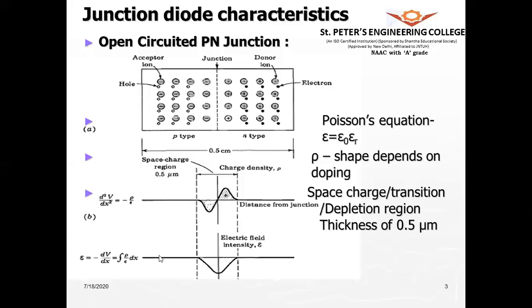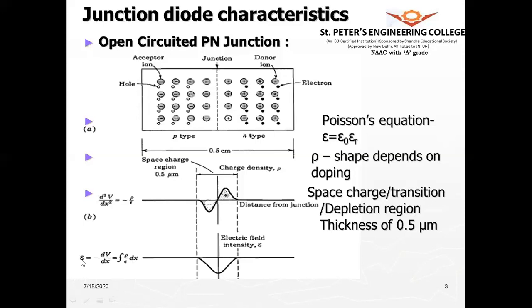If we integrate this Poisson's equation once, we get epsilon, which is the field intensity, which is minus dV by dx, which is nothing but the integral of rho by epsilon dx.